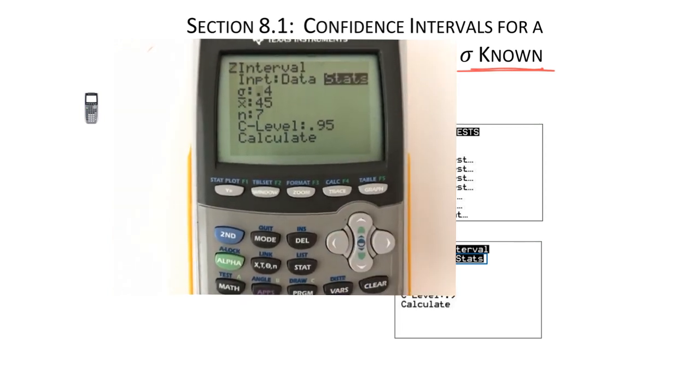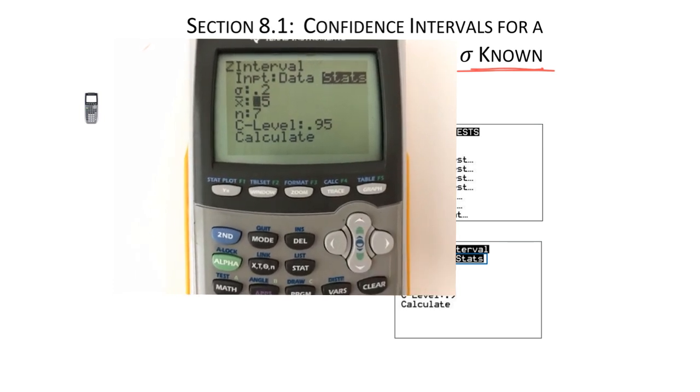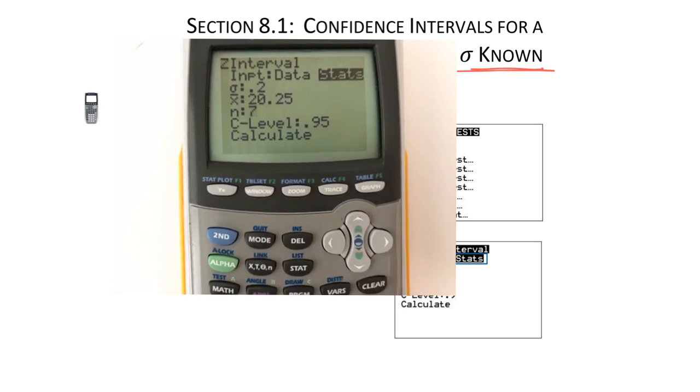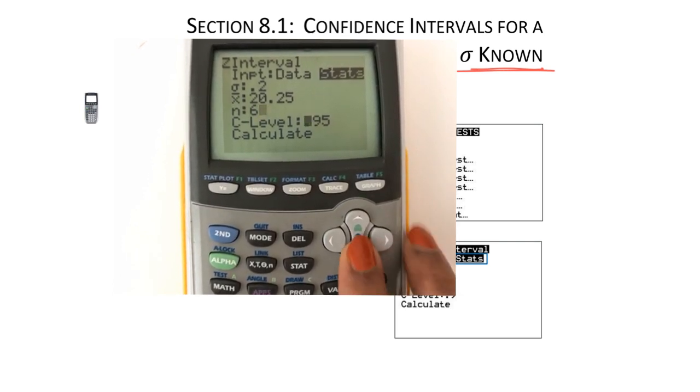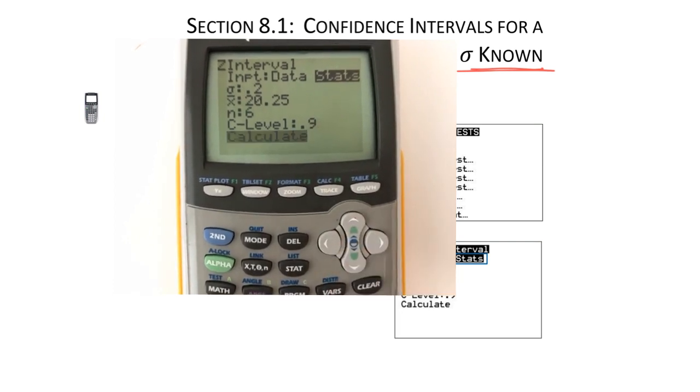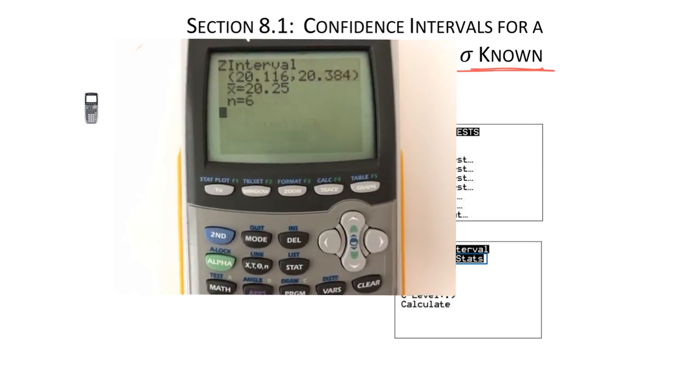And I'm going to use the values from the previous example: 0.2, 20.25, and the sample size 6, and the confidence level 0.9. Then highlight Calculate, press enter. It will give you the interval. Round that to 2 decimal places.